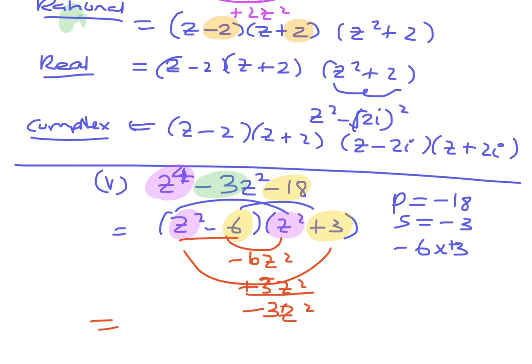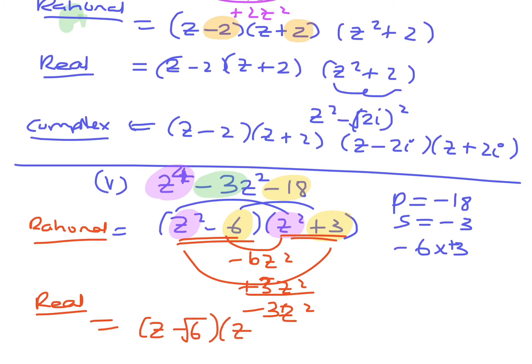Okay, so now look at these separate factors. That will be over the rational field, because at the moment they're all rational. If I wanted to do it over the real field, I could expand that a bit further and make that z plus root 6, z minus root 6, and then you just have z squared plus 3.